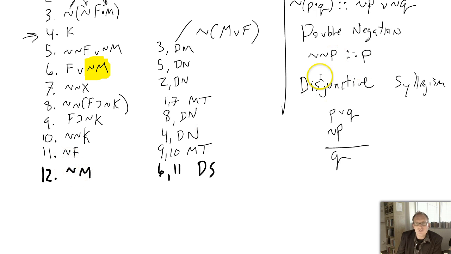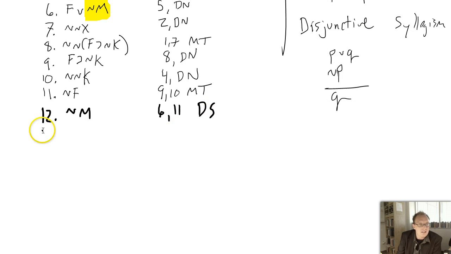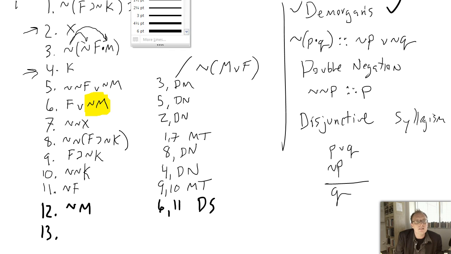Now the difficulty of this problem is remembering that you're actually using the De Morgan's twice. So line 13, let's see what this is going to be. Notice that my conclusion here is a not M or F. Look at the De Morgan's rule here. I only wrote one of the two versions of De Morgan's, and I didn't write them both down.